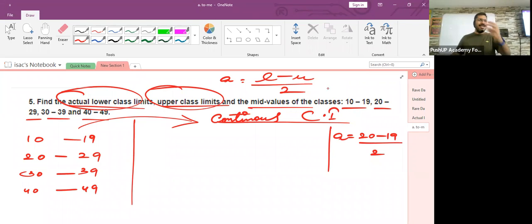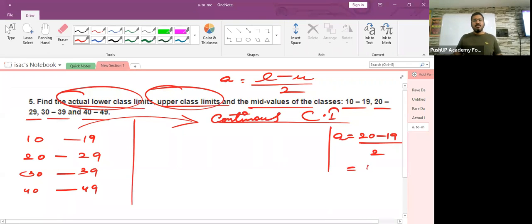That's why I'm repeatedly telling this, children, because when I sit for corrections, I come across these mistakes. So what is 20 minus 19 by 2? It's 1 by 2, which is 0.5.